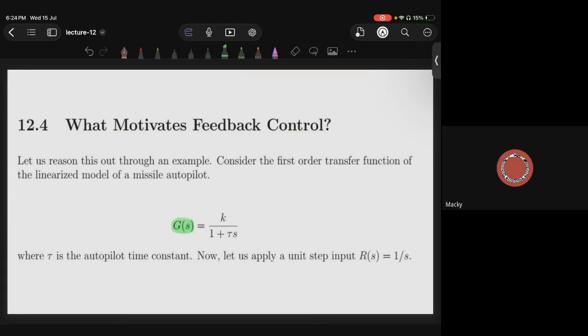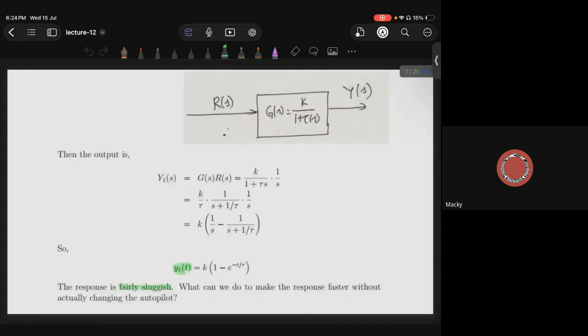Okay, and we want to give a step input, R of S equal to 1 by S. Okay, let us say you started with the open loop system. You have this plant. R of S equal to 1 by S means what?